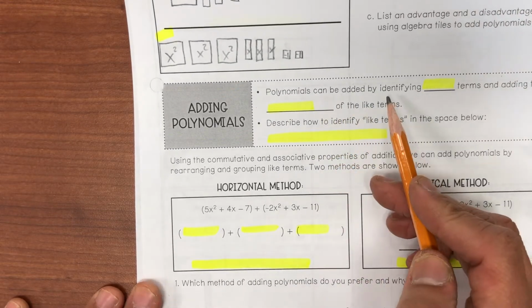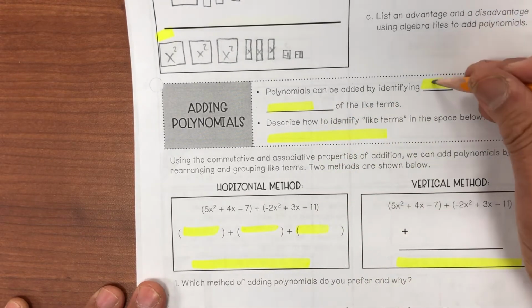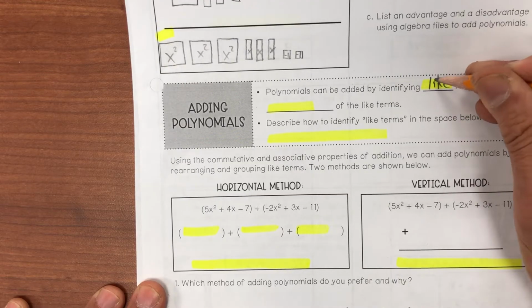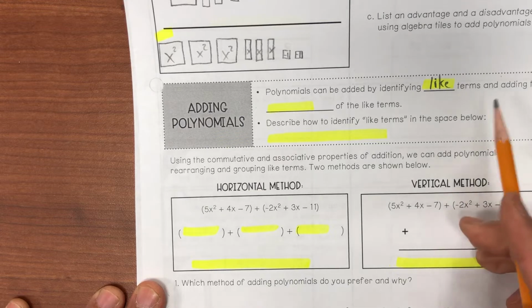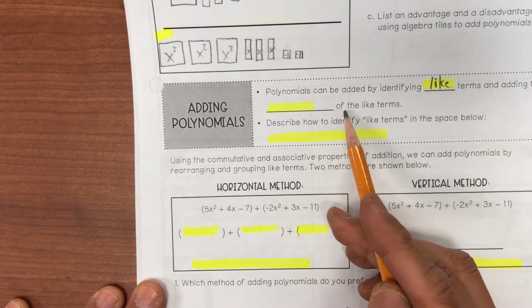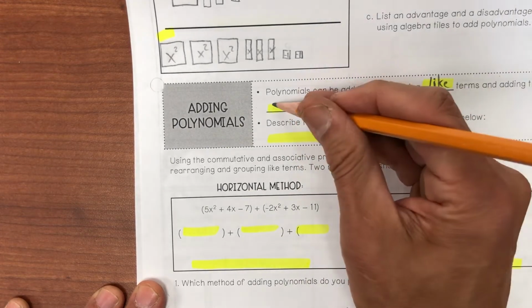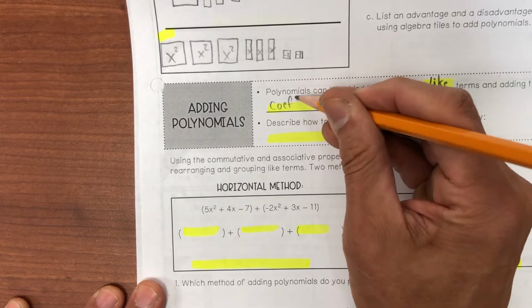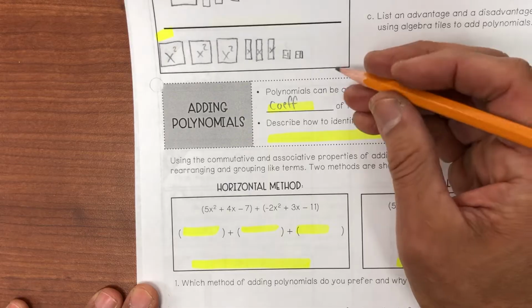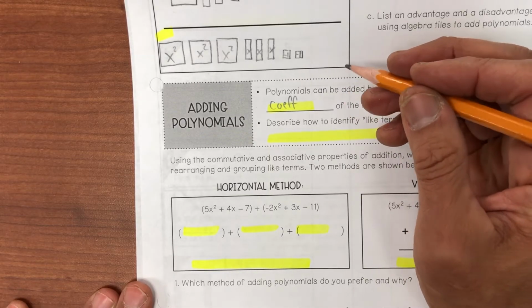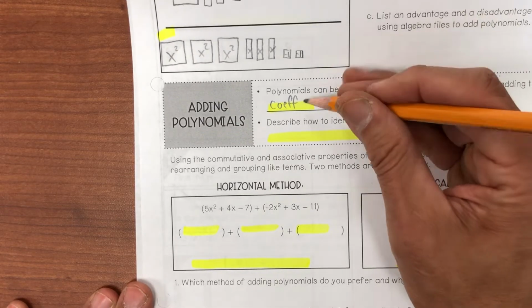Polynomials can be added by identifying like terms. We find the like terms and we add them or subtract them together, and adding the coefficient of the like terms. Remember, the coefficient is just the number in front of the variable, the number to the left of the variable. To be more specific, it's the number being multiplied by the variable.